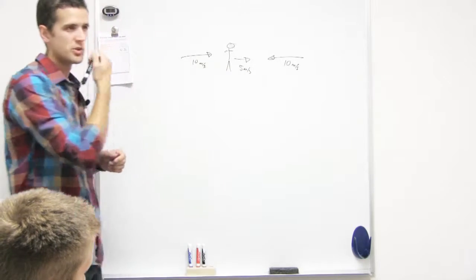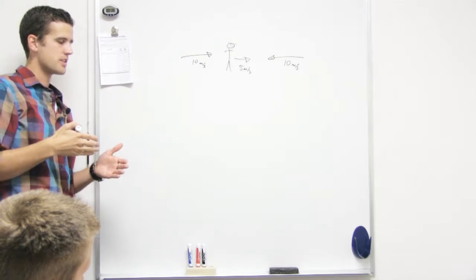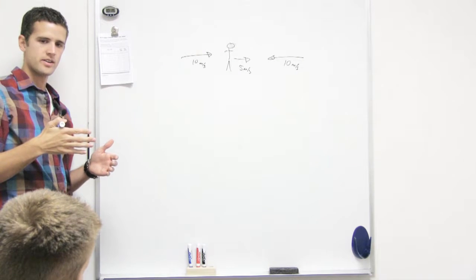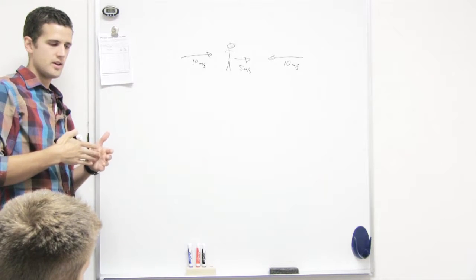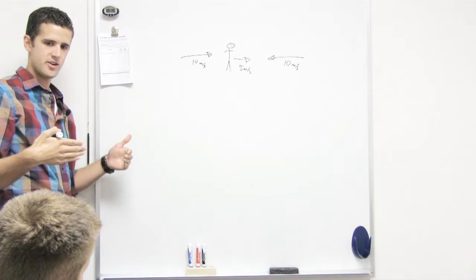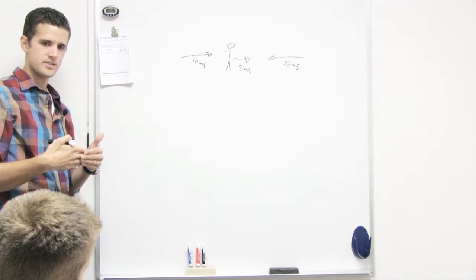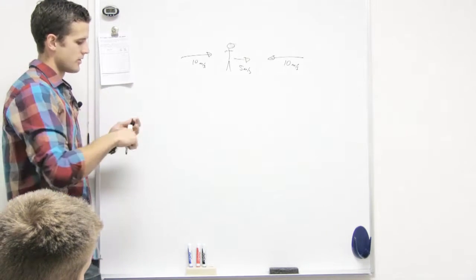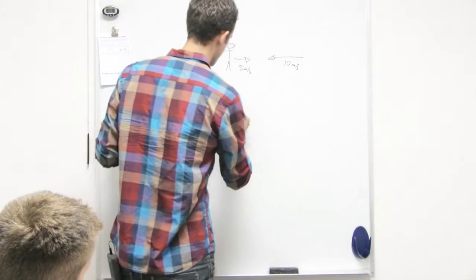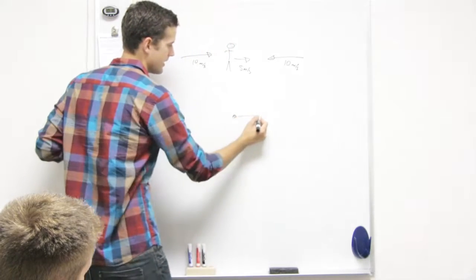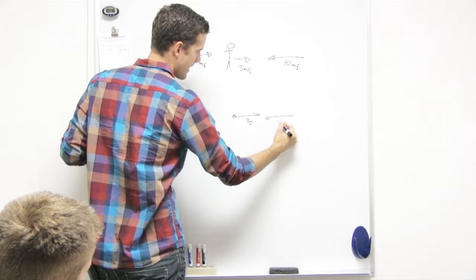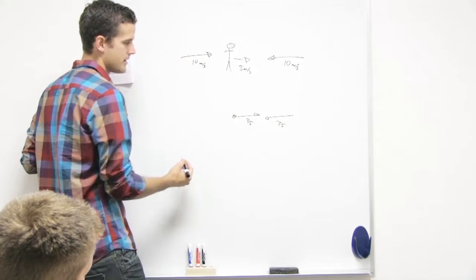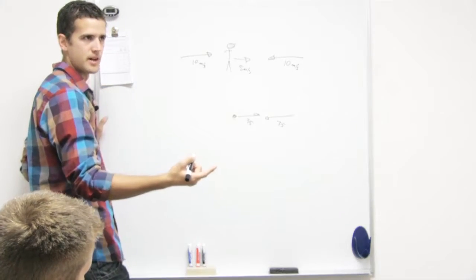It's kind of like the difference between a car going 35 miles an hour and hitting a brick wall versus a car going 35 miles an hour and hitting another car going 35 miles an hour. That adds up, ends up being 70 miles an hour.